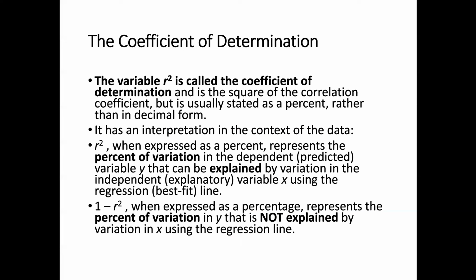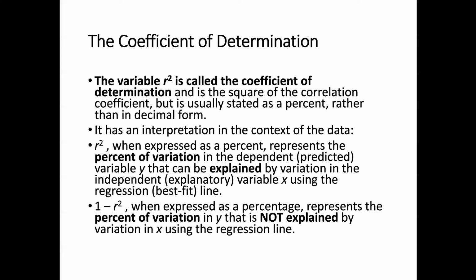So that R squared is called the coefficient of determination. R and R squared are related to each other. R is the square root of R squared, or R squared is R times R, however you want to think about it. So what is the interpretation of the coefficient of determination? When expressed as a percent, which is what we normally do, one of your problems in MyMathLab says, what is the coefficient of determination?